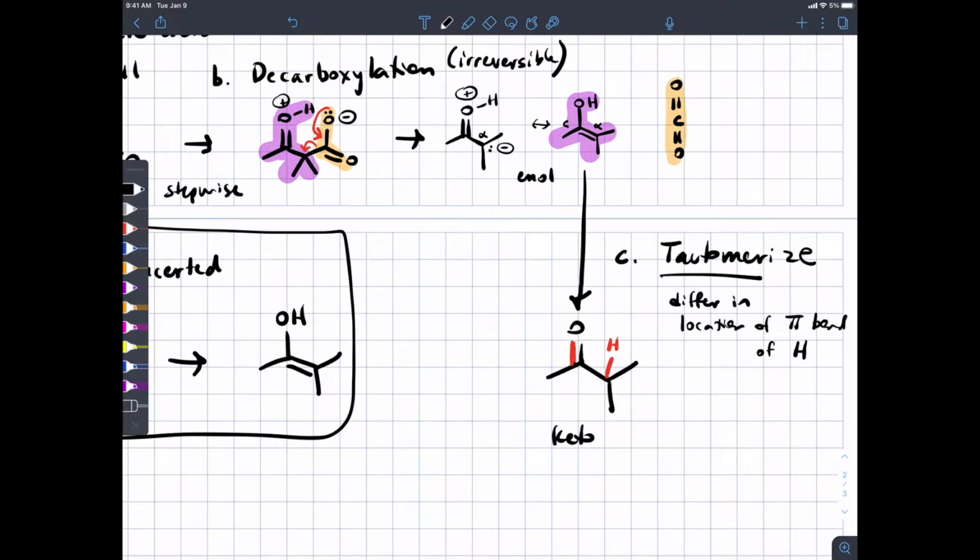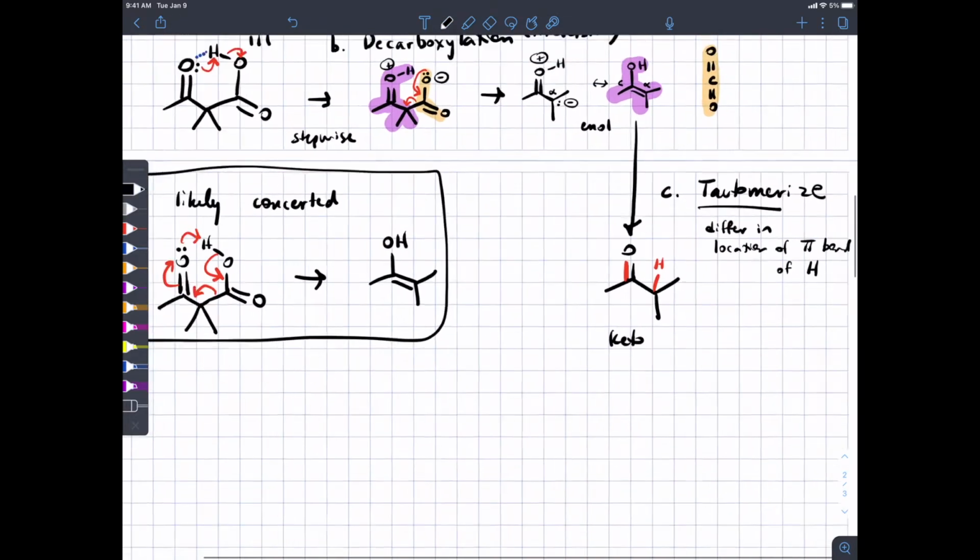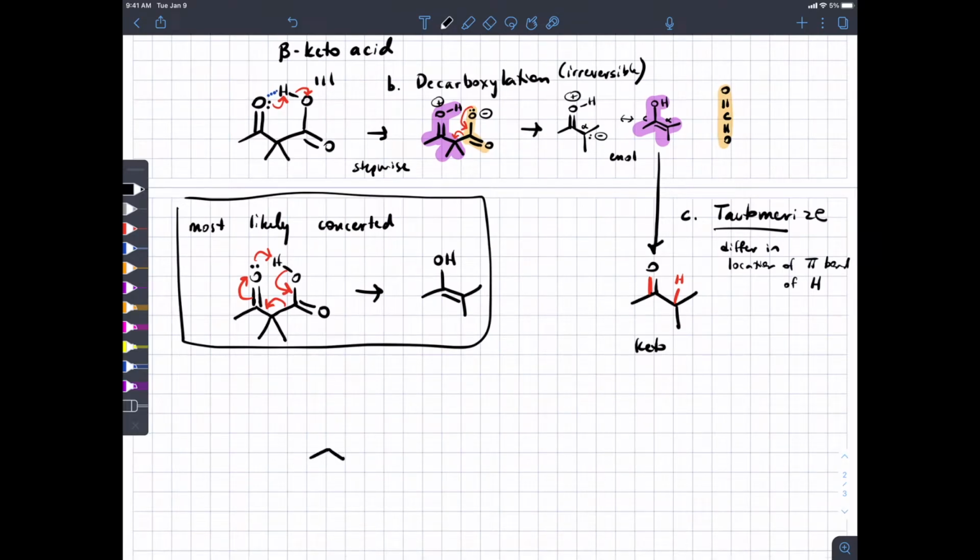What tautomerization looks like in terms of mechanism is simply you have some base, and it doesn't matter what it is, because the keto form is downhill in energy. Even water is probably good enough to do this.